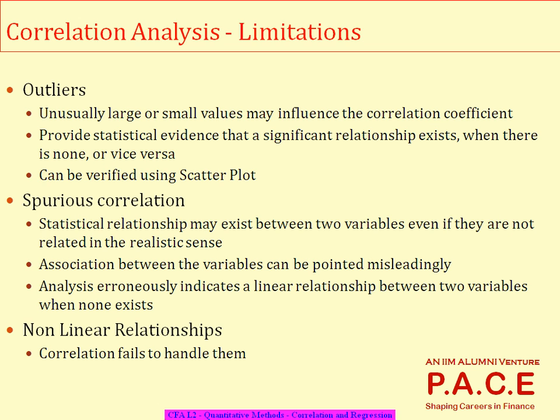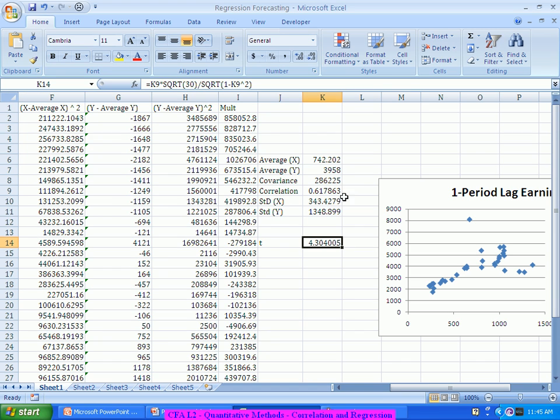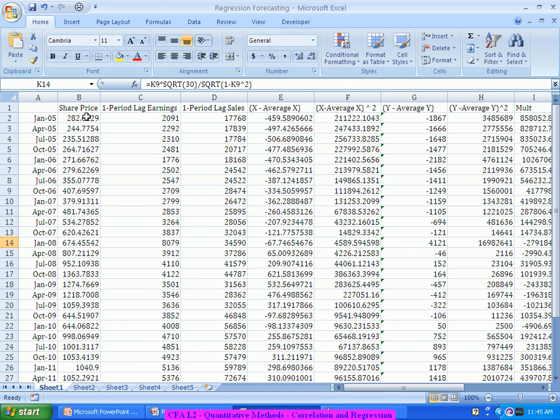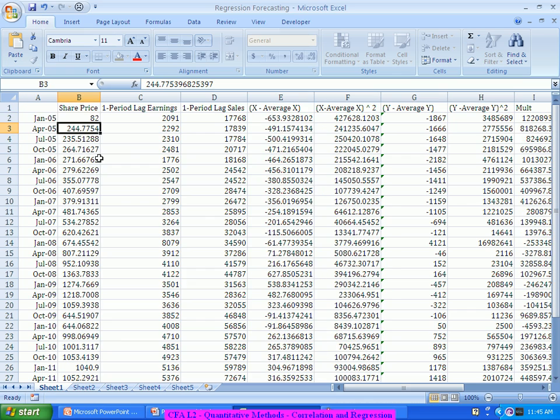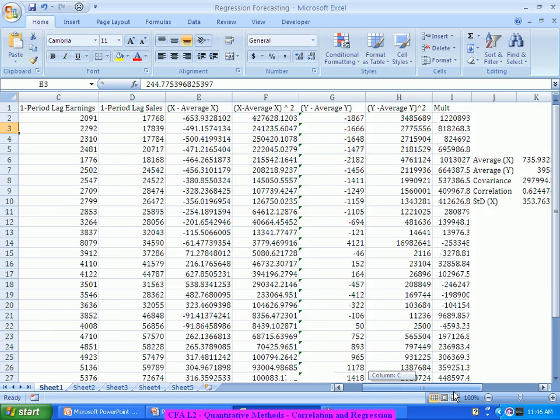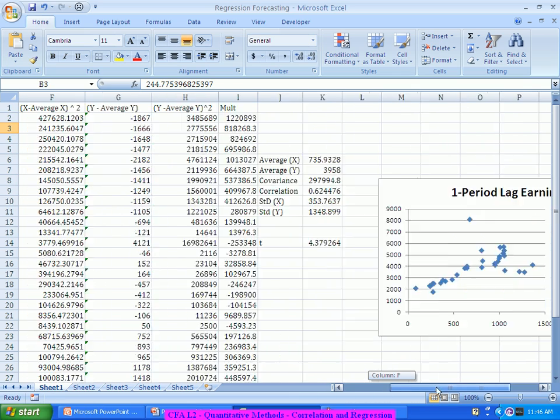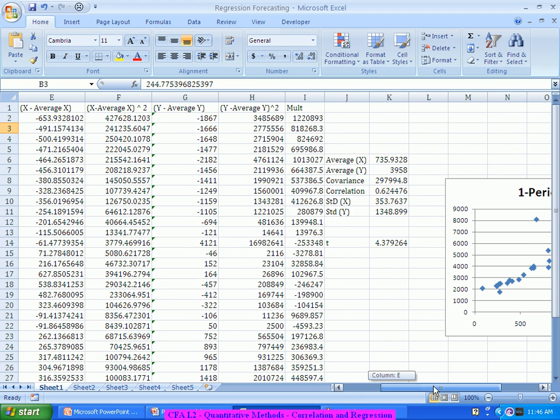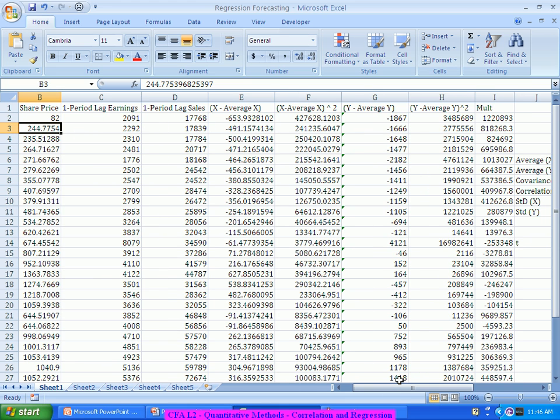So correlation is getting affected. Only for one heavy extreme outlier, you will find that the correlation is very badly affected. Instead of 282 here, I just make it 82 or something. Correlation is directly getting impacted. Here 0.61 was becoming 0.62.